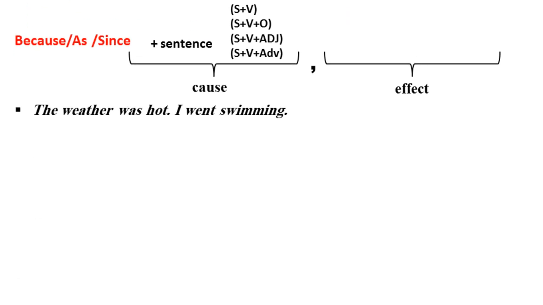So consider this pair of sentences. The weather was hot. I went swimming. So before combining these two sentences in one sentence, we have first to identify the cause clause and the effect clause. So the weather was hot is the cause clause. I went swimming is the effect clause.